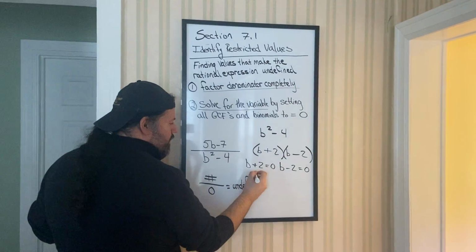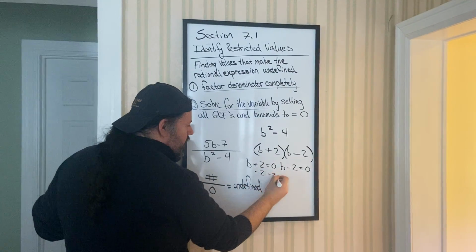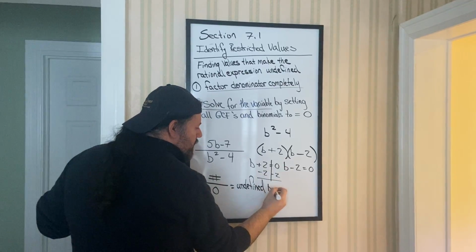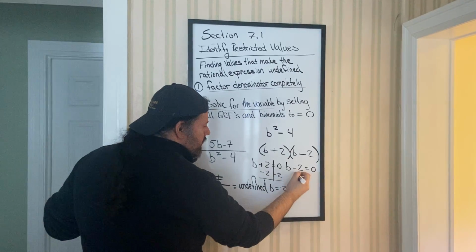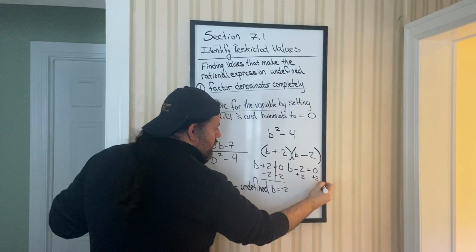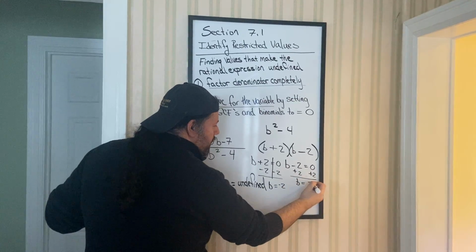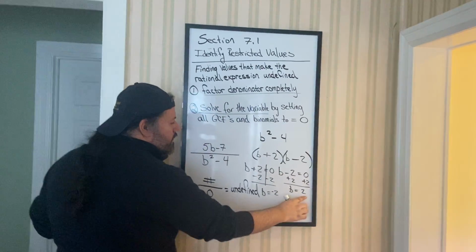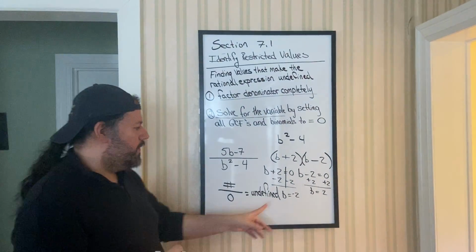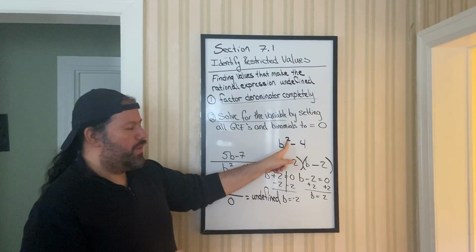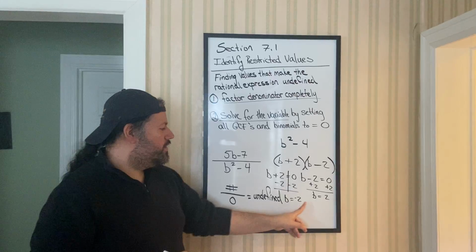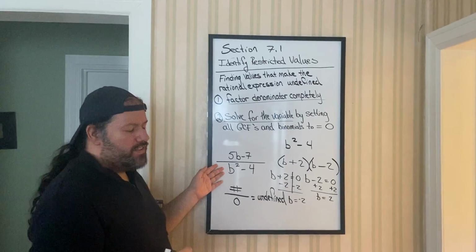Move the 2 over because we want the letter by itself. And this is how we get b equals -2. And add 2 to both sides here, and we get b equals +2. So we knew that we were going to have 2 answers because squared. And these 2 values would make this undefined.